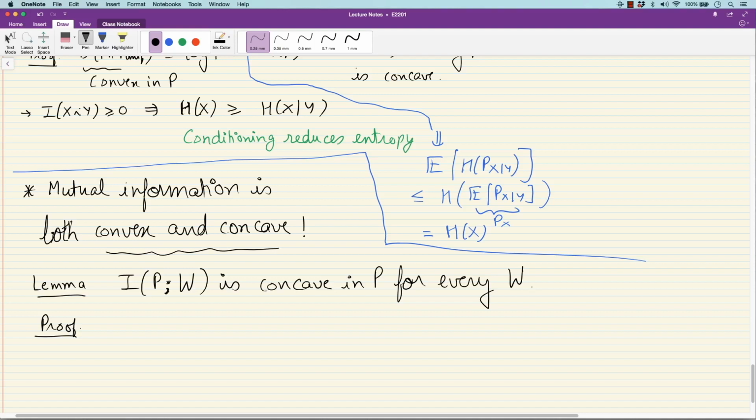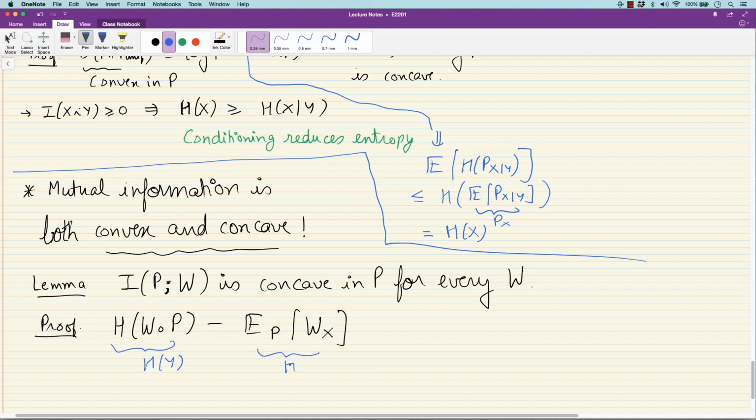One way to see this is that mutual information can be written as the entropy of the output distribution Y, minus the expected value over P of the entropy of W of X. If you can't recognize this quantity, this is H of Y minus H of Y given X.